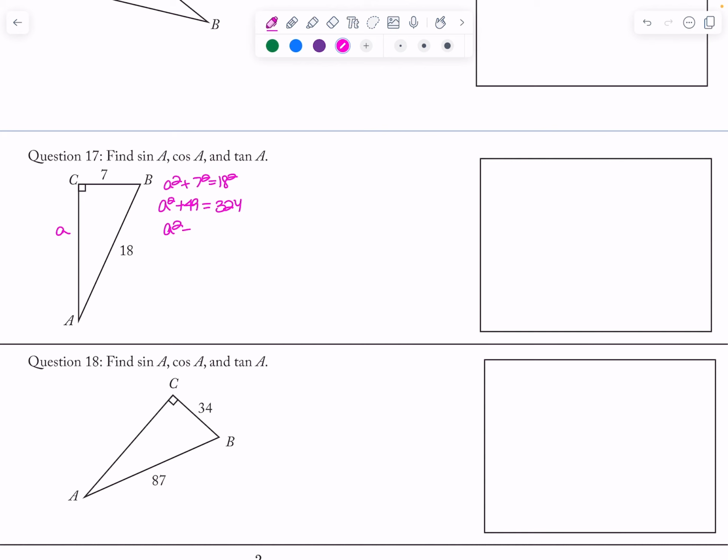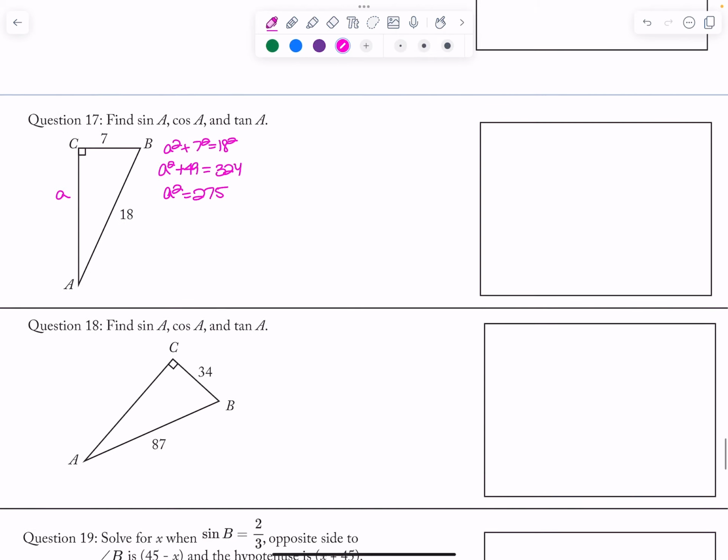So then a squared is equal to, strangely enough, 275 again. No, I don't know. Hold on. 324 and 49. I just want to make sure. Yeah, 275. Okay. It just seemed a little odd that it was the same one over again. So that a is equal to, I already did this, 5 root 11 in the previous example.